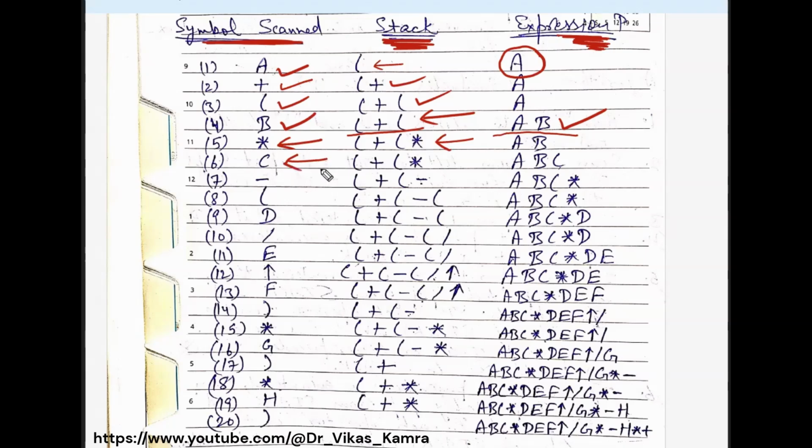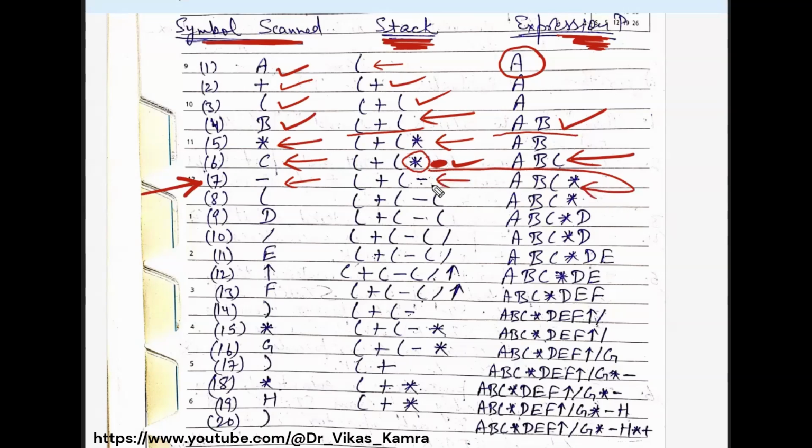If an operand C is coming, add it to the postfix expression. Now this is the main step, step number 7. Listen carefully. Now the minus operator is coming and on the top of the stack there is the multiply operator. So the incoming operator has less priority than the already existing operator on the stack. So first it will be popped and added to the postfix expression.